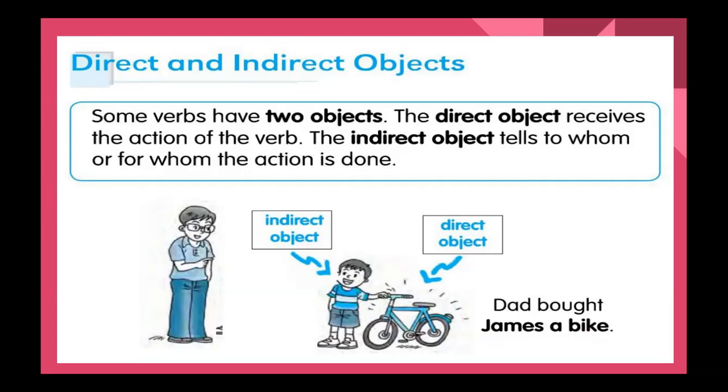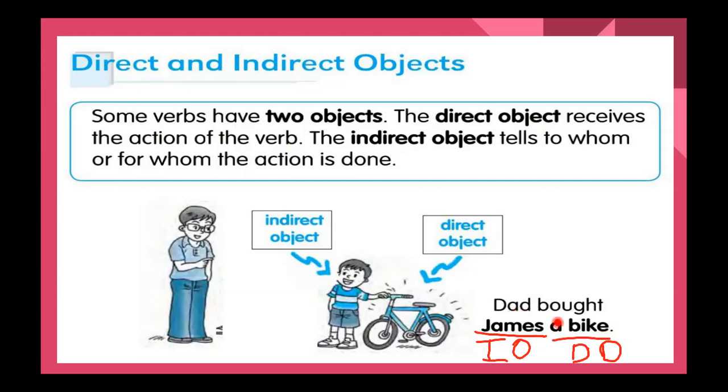So I'll write here. Bike is the direct object, and James is the indirect object. Let's try to find out how they have become the direct and indirect object. Some verbs have two objects. The direct object receives the action of the verb. So see over here, dad.